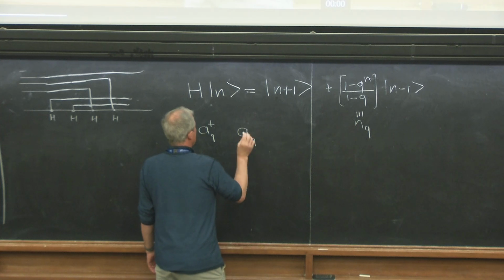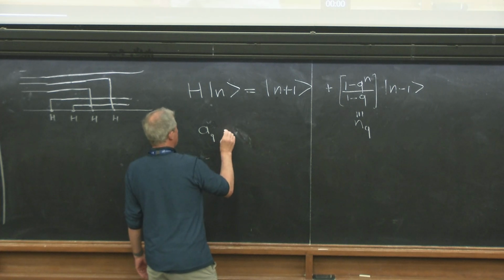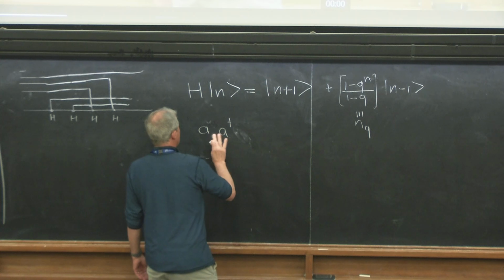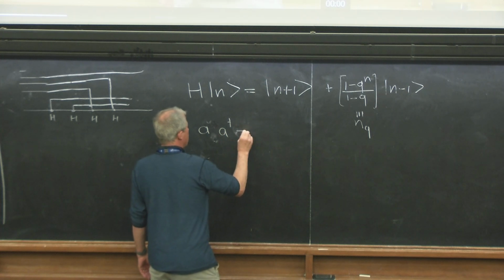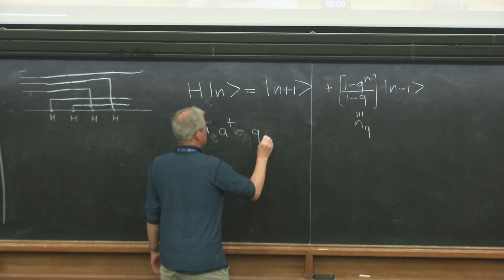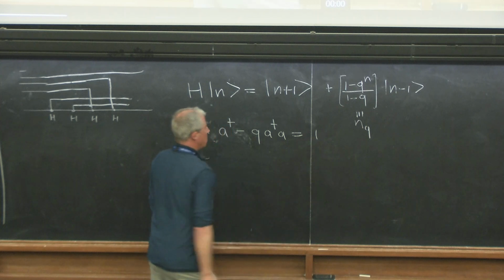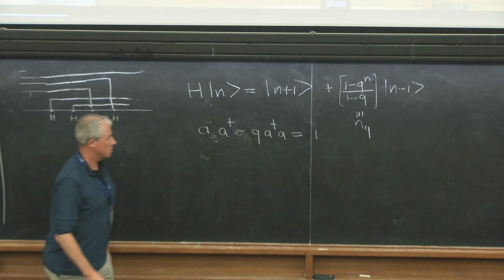Such that the, let me do this right. You know what, I'm not going to write down the q here. It's a q-deformed algebra, and if this relation is true, I call this a q-deformed oscillator.